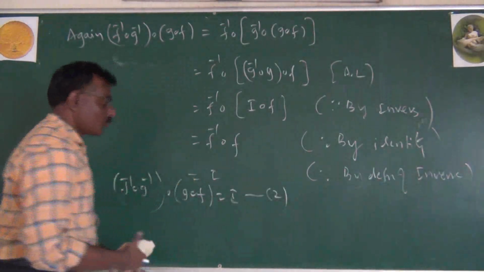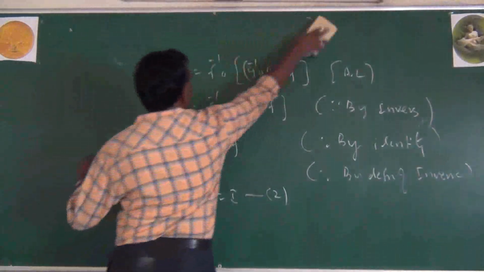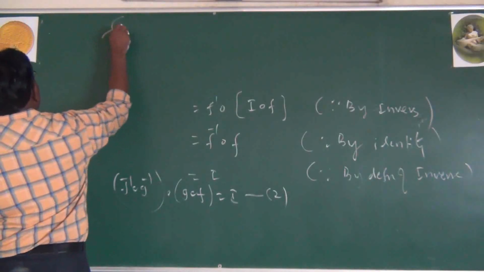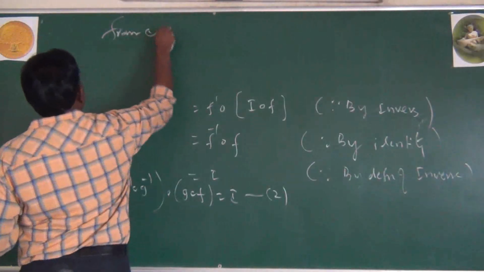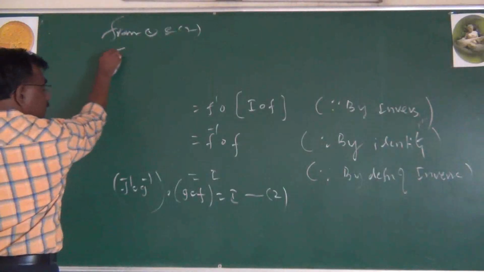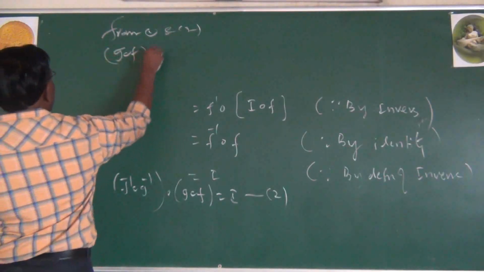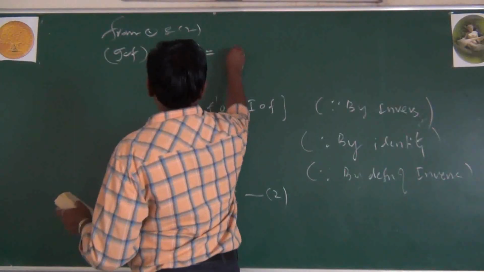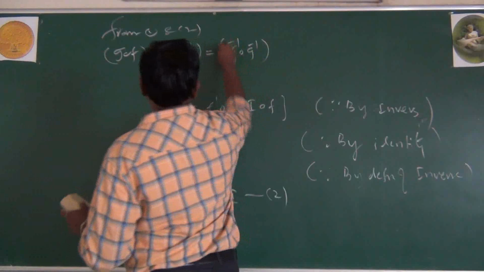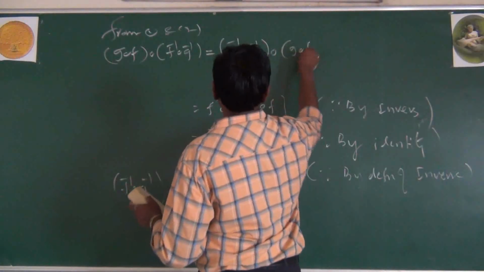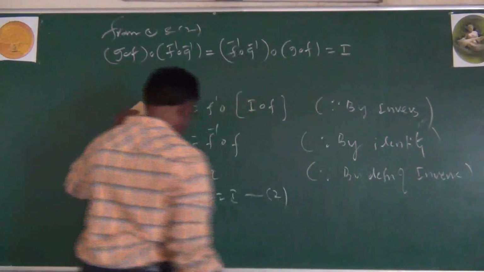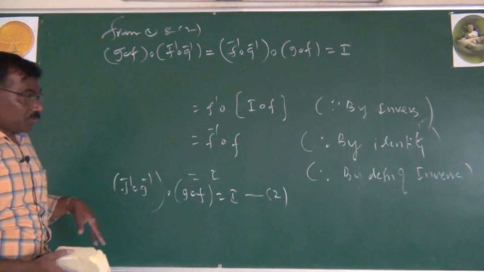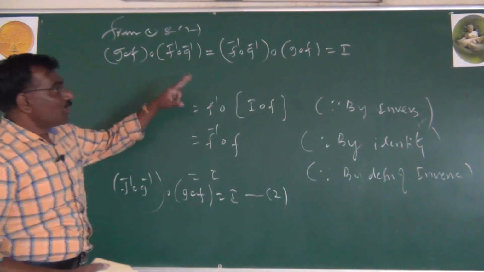This is equation 2. From 1 and 2, g composition f composed with f inverse composition g inverse equals f inverse composition g inverse composed with g composition f, and both are identity.